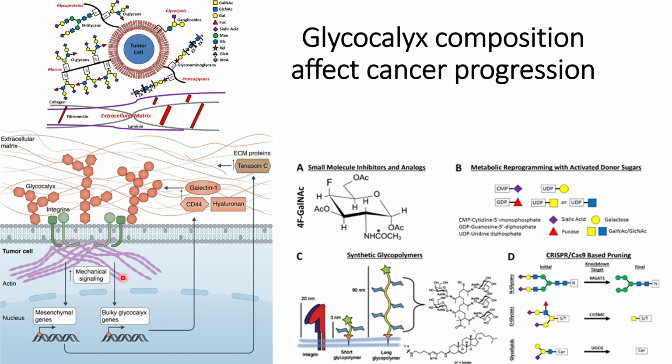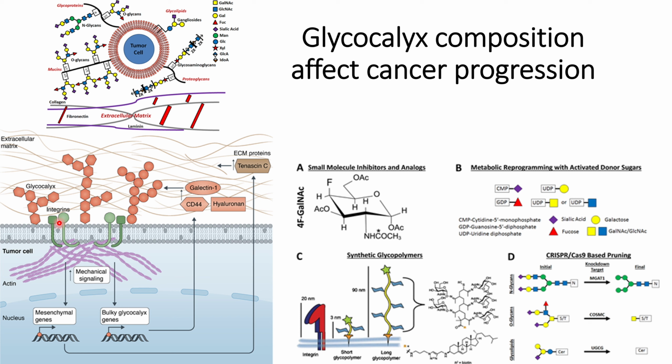Simultaneously, the mechanical force signaling will trigger upregulation of bulky glycocalyx genes, and these genes will act as a feedback loop, in a cascade manner, making the glycocalyx on the cancer cells bulkier.